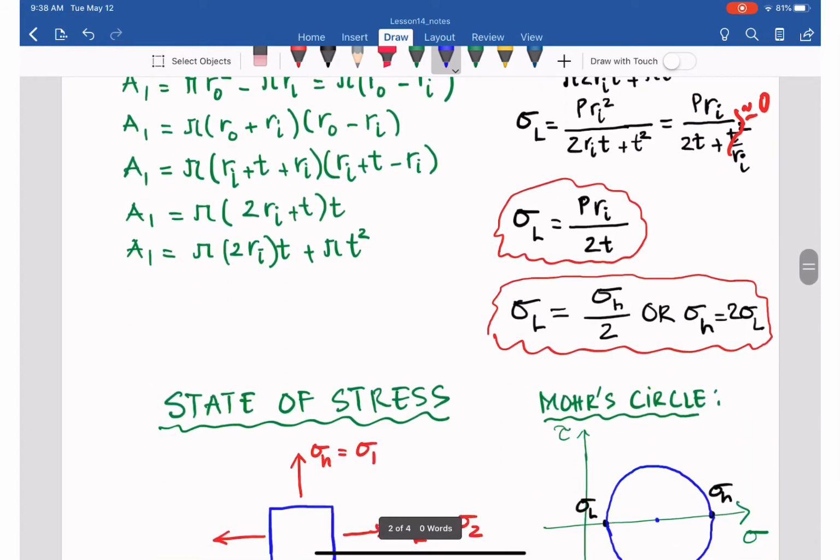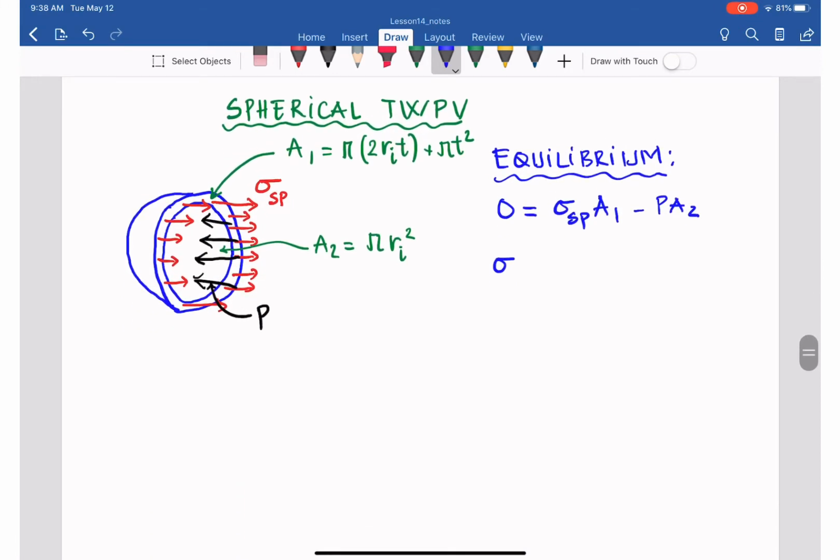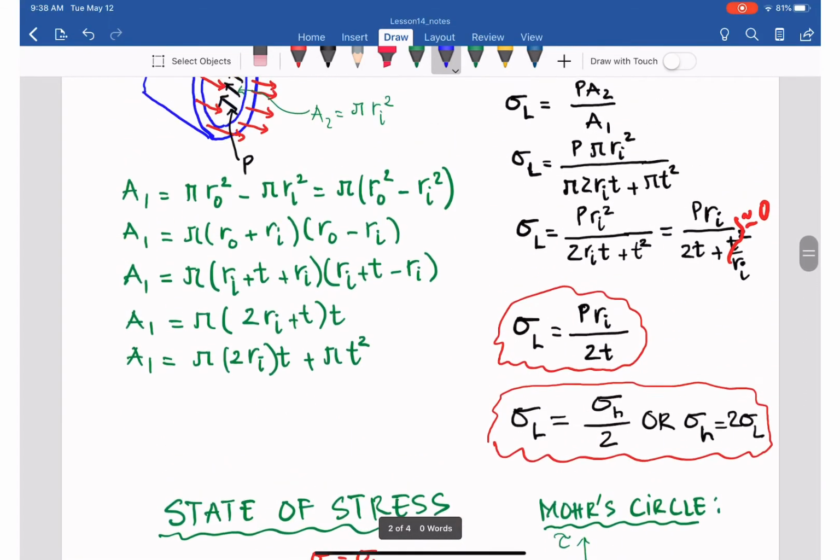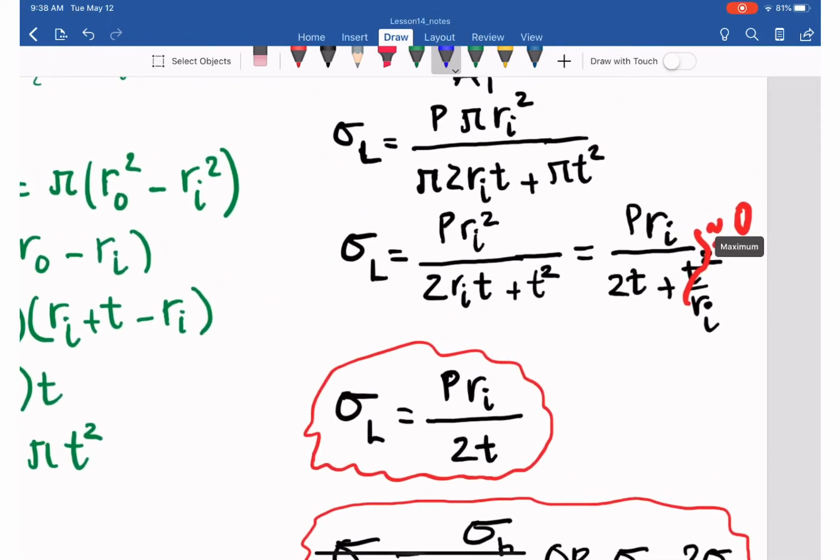We have sigma of the sphere equal to P A2 over A1, which is also equal to P pi R_i squared over pi(2 R_i t plus t squared).